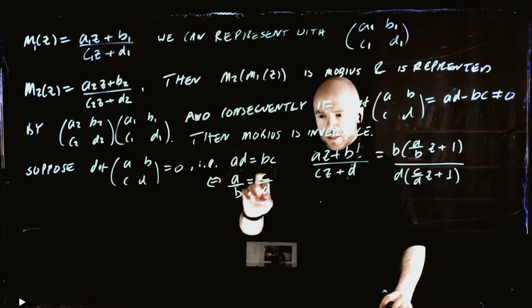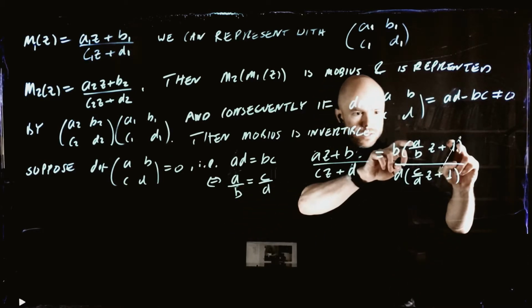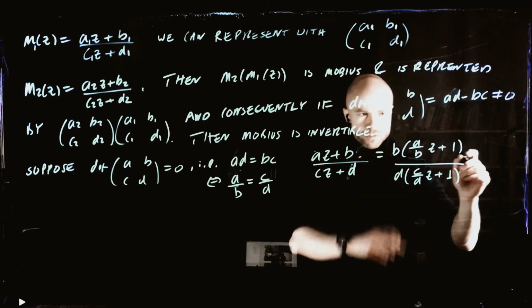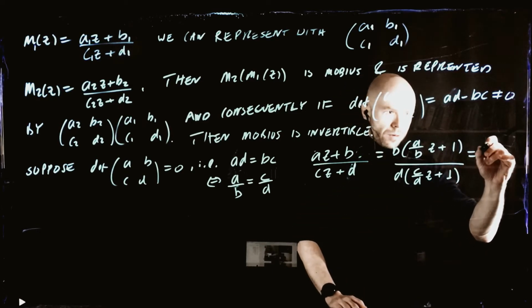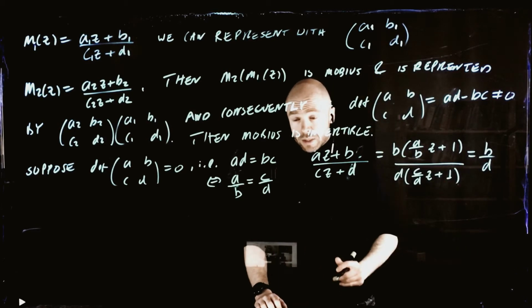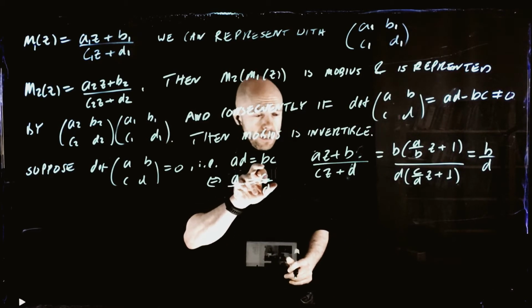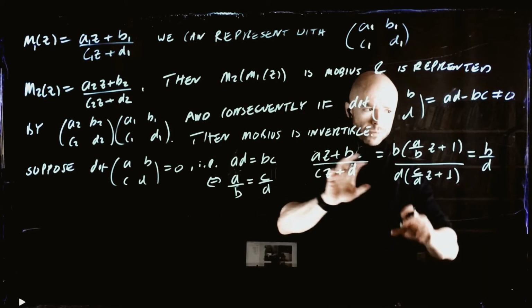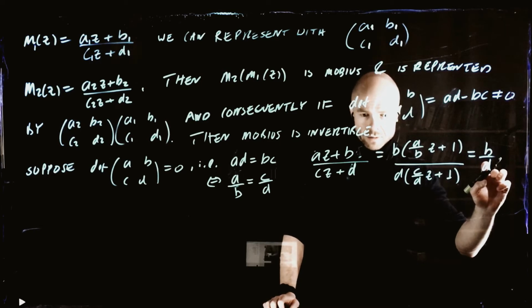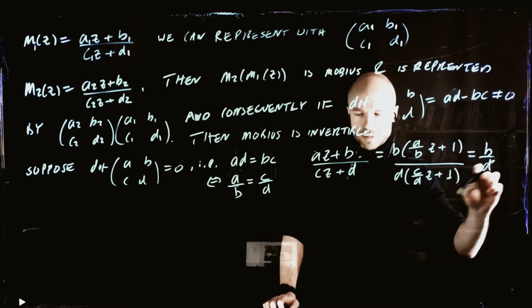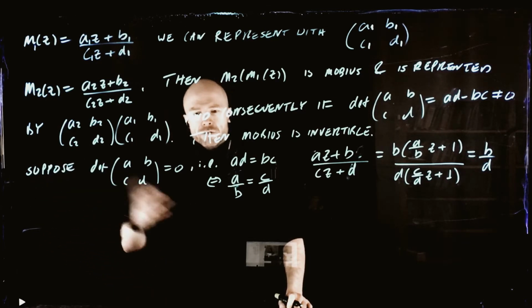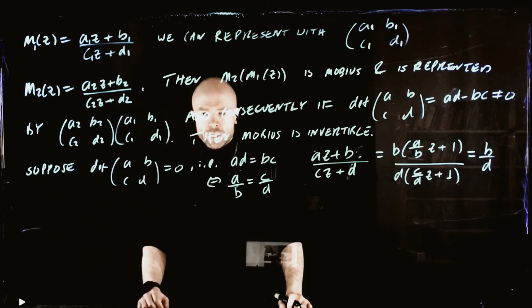And A over B is equal to C over D, right? So this thing is exactly equal to this thing. Yeah? So these things cancel and we just get B over D. So in the case where AD equals BC, our Mobius transform sends everything to this particular number B over D. Yeah? So it's a very boring Mobius transform. It sends the entire complex plane to just one number.